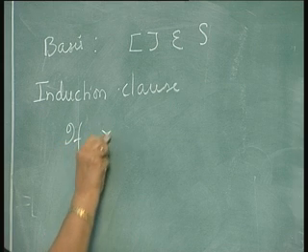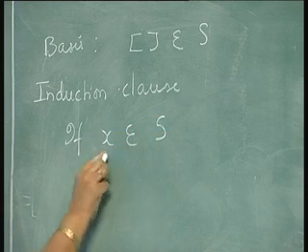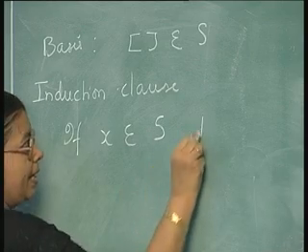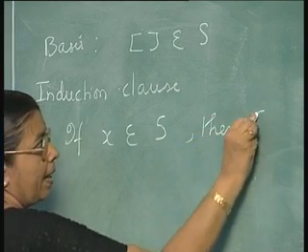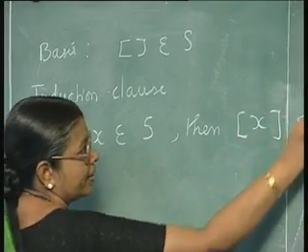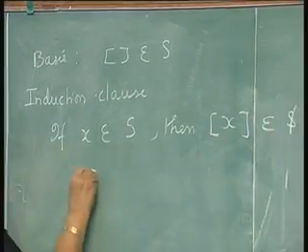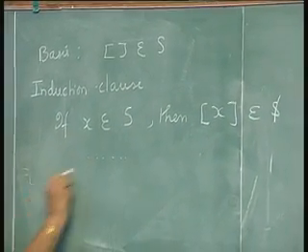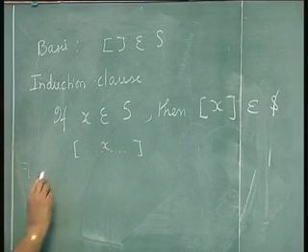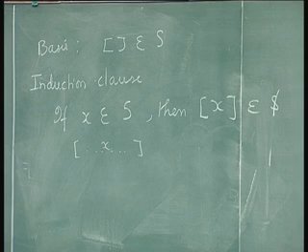If X belongs to S, X is a well formed string of parentheses, then this belongs to S. So, if you have a matching well formed string X, adding one more left parenthesis and one more right parenthesis still gives you the well formed string of parentheses.